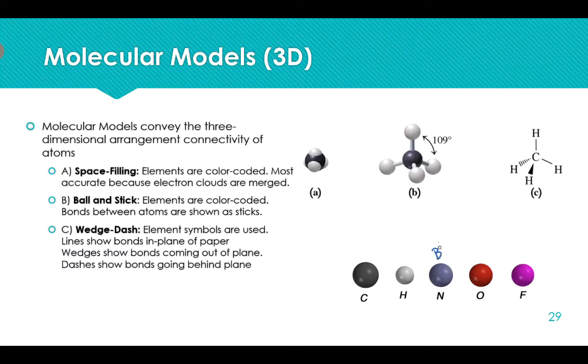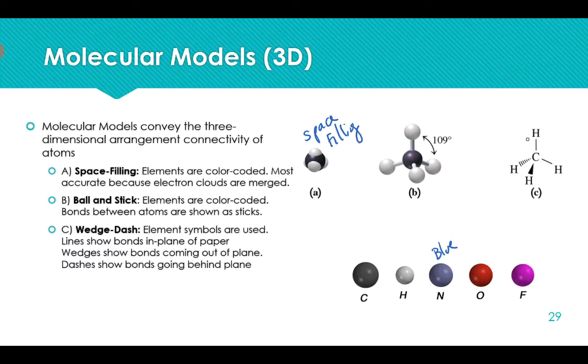Nitrogen is blue. And then this is space filling. And as you can see in the space filling, sometimes it's a little hard to tell what's in the back there. And so a ball and stick model shows the covalent bonds as sticks and the atoms as balls.